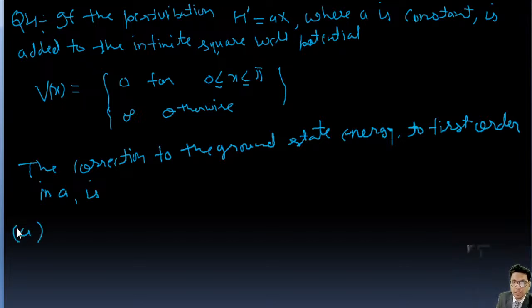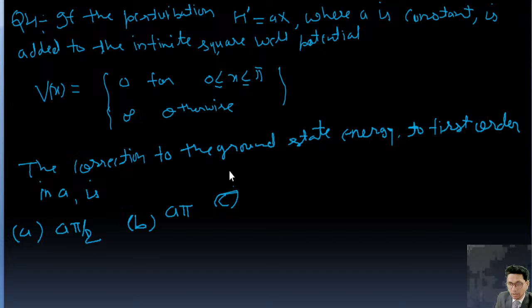Option number A is A pi by 2. Option B is A pi. System got hanged. Okay. Option B is A pi.